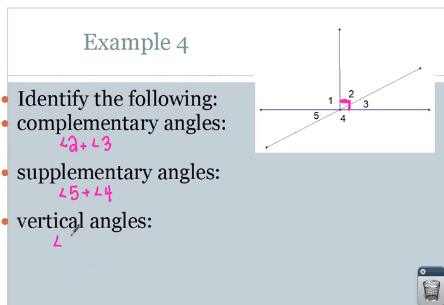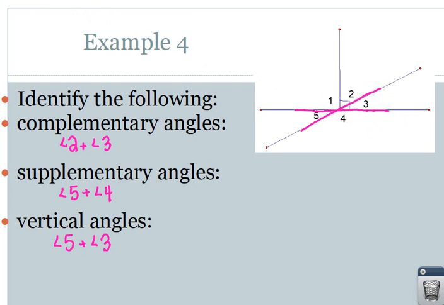So I'm going to put angle 5 and angle 3. If you look at the intersection here, I'll draw this a little better. Here's the intersection right here. There's angle 5 and angle 3 as the vertical angles.